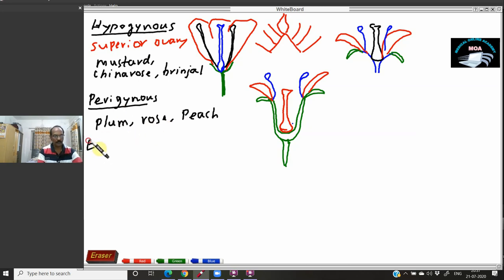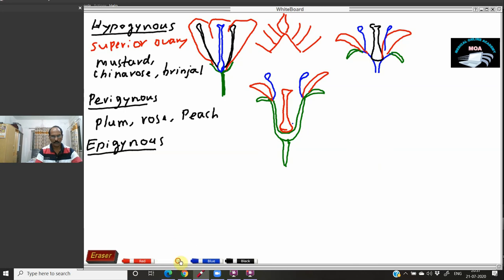Let us see the epigynous flower. So what is the epigynous flower? Epigynous is just the opposite of hypogynous. So what is hypogynous? In hypogynous, the ovary is present in the uppermost position, and here the ovary is present in the lowermost position. They are about the same, but the difference is that the thalamus has grown and enclosed the rim completely.